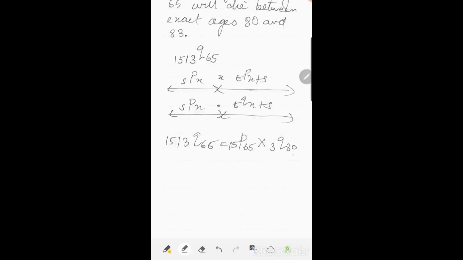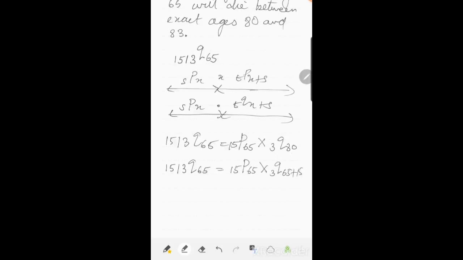s is 15. How did you get 80 here? Let me just show you. So this is 15|3 q65, which is equal to sPx by tq(x+s). s is 15, x is 65, and our t is 3, so 3q of x plus s, which is 65 plus 15.